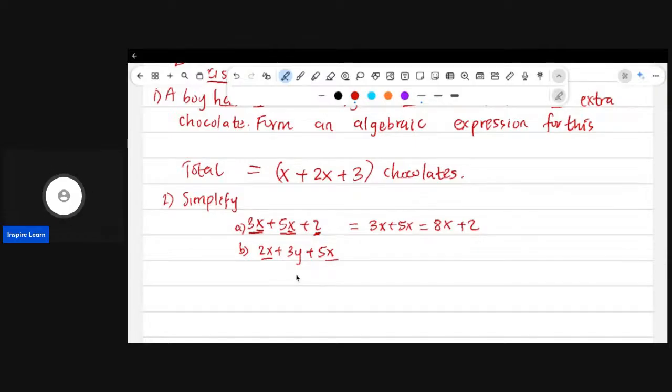This one is not the same as x's. So that one is just going to remain the way it is. And thus we're going to have 2x plus 5x, these are the like terms, plus 3y, which is going to be 7x plus 3y. And that is going to be our answer.